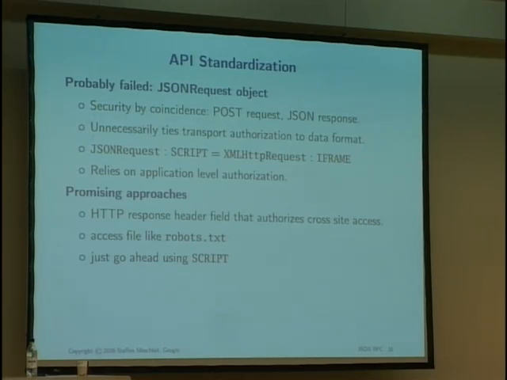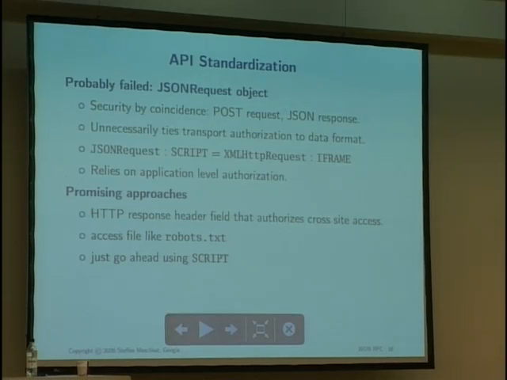For instance, it would unnecessarily tie a transport authorization to a data format, which you actually want to keep separate. And it would provide security by coincidence, because it would rely on the fact that the response is a valid JSON data format in order to allow this whole thing to go through in the first place. That's not very satisfying.